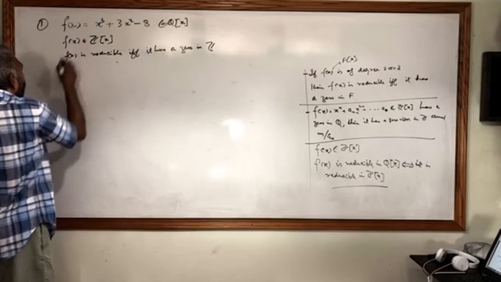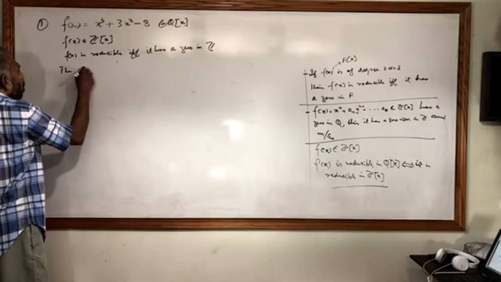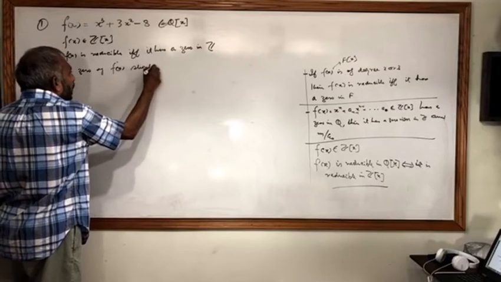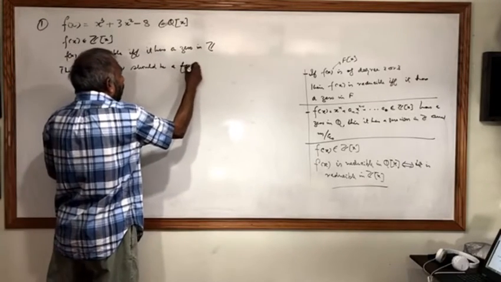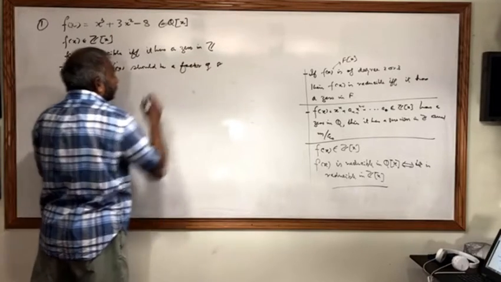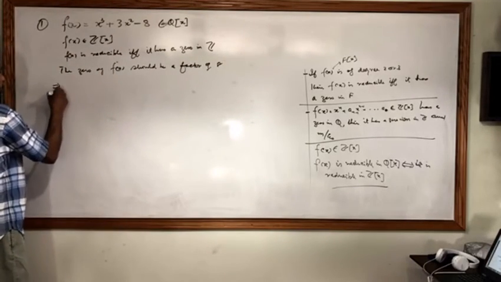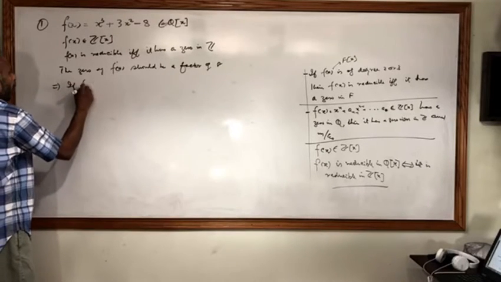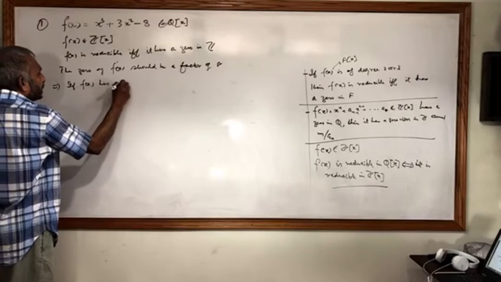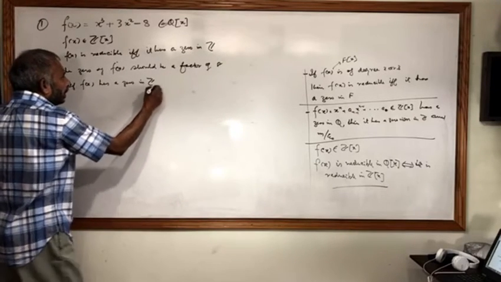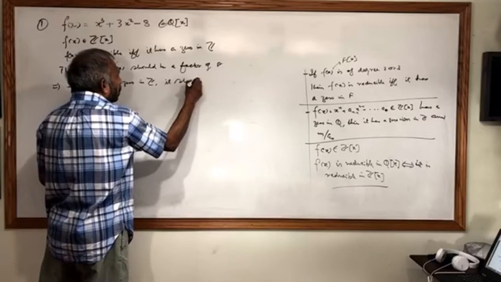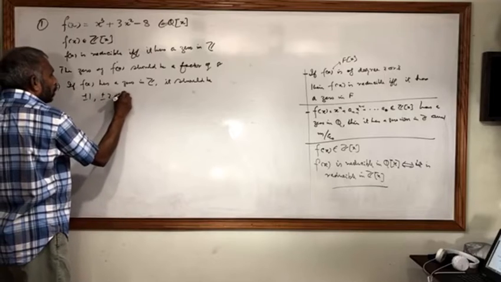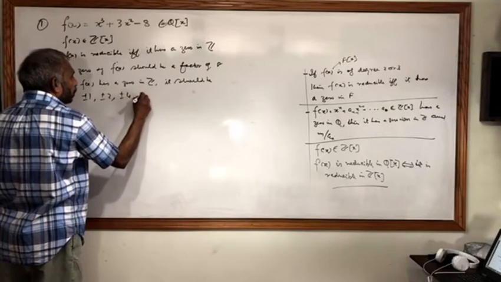That means the 0 of f of x should be a factor of 8, and that implies if f of x has a 0 in Z, it should be plus or minus 1, plus or minus 2, plus or minus 4, and plus or minus 8.